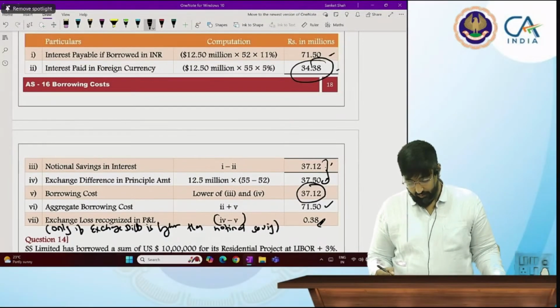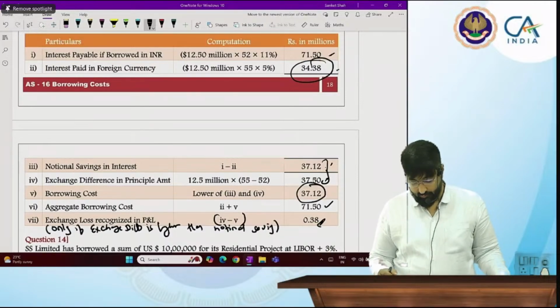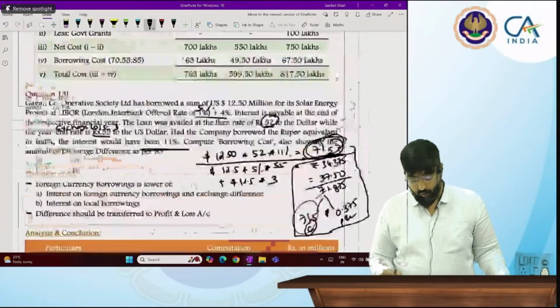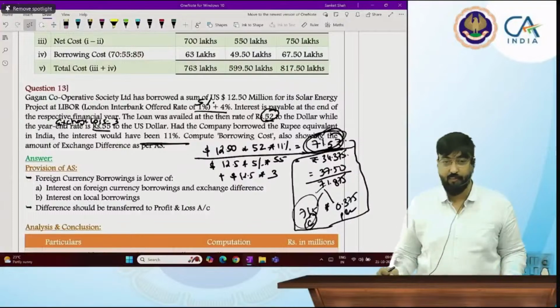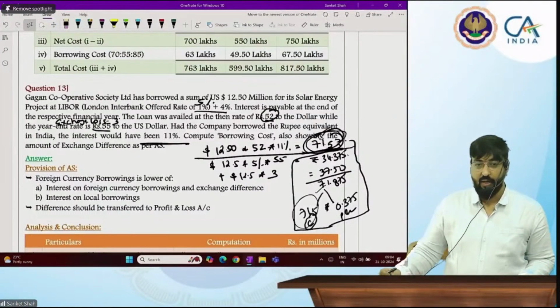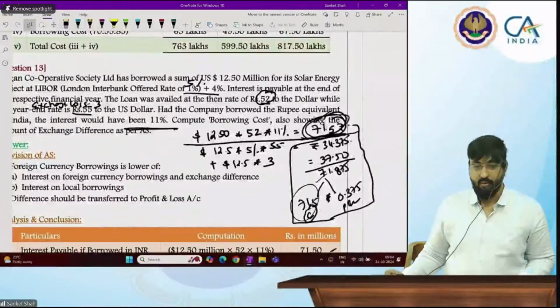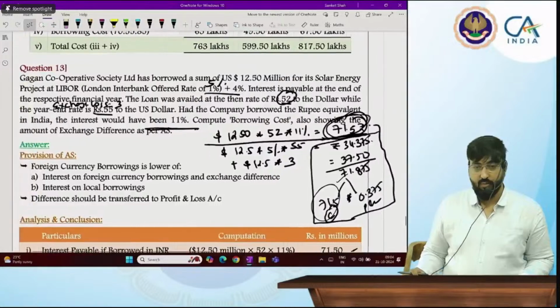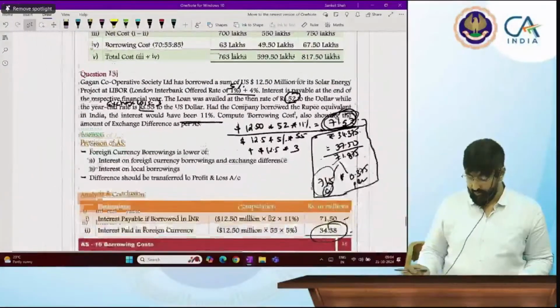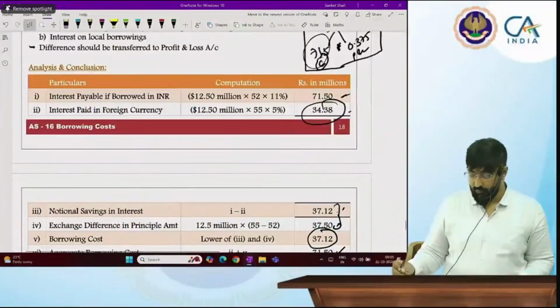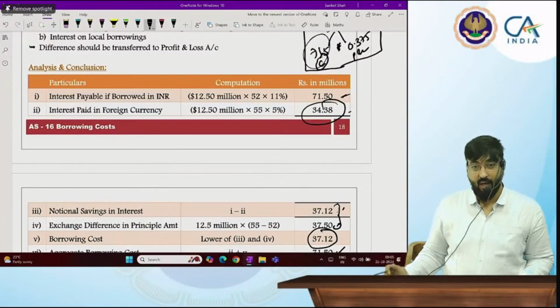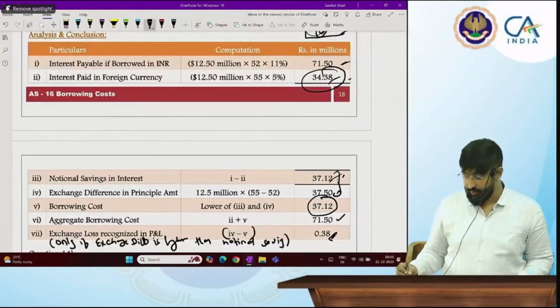Notional saving to wahi na bhai, wo dono ka difference. Now which method you are using, that is depending on that method. Okay. Institute material I have done, sir. As per institute material I have done, so this is the method. 71.5 as per Indian currency, as per foreign currency 34.38. Then 37.12 is your notional saving, and your exchange difference is 37.5.